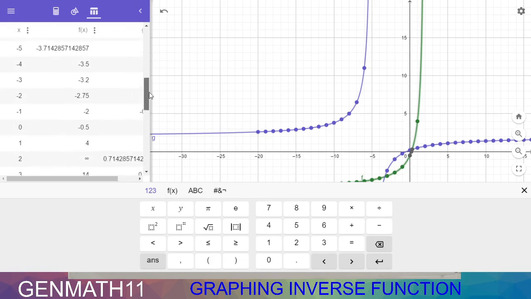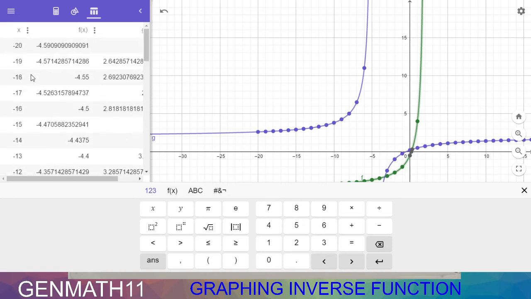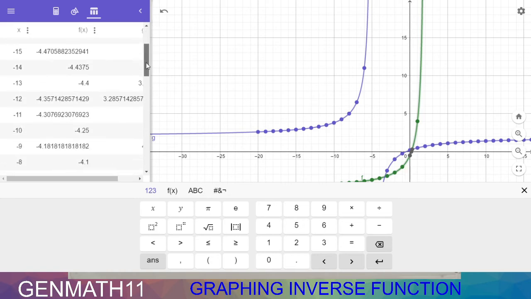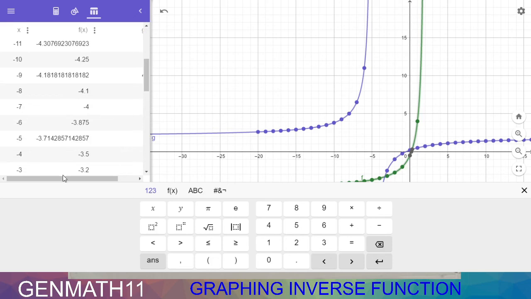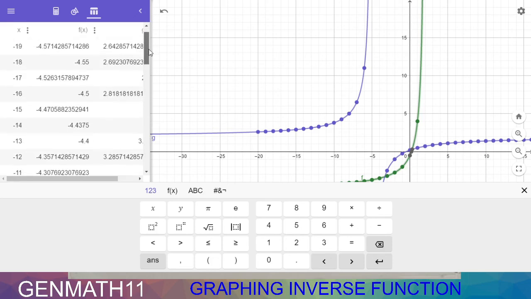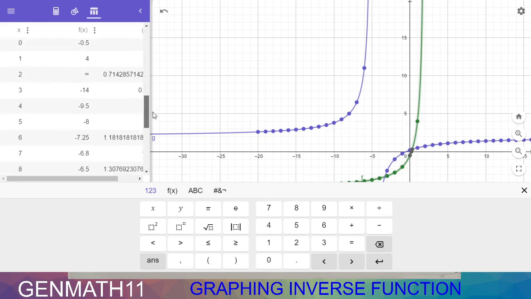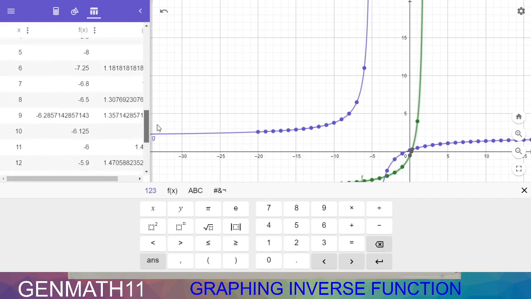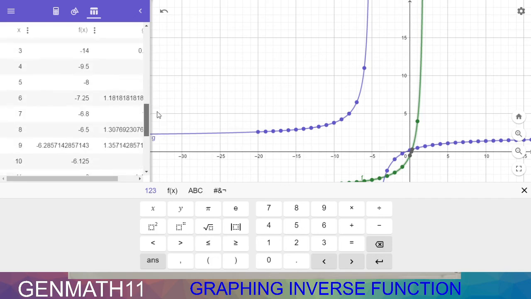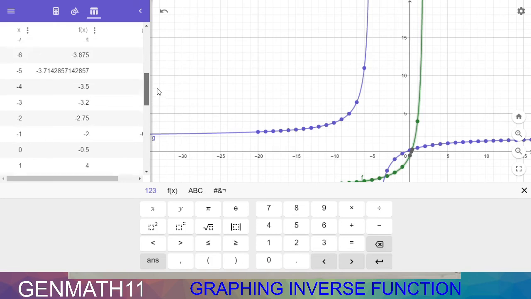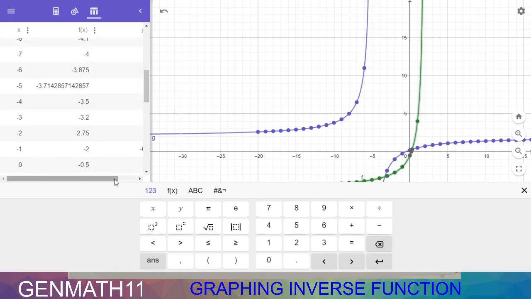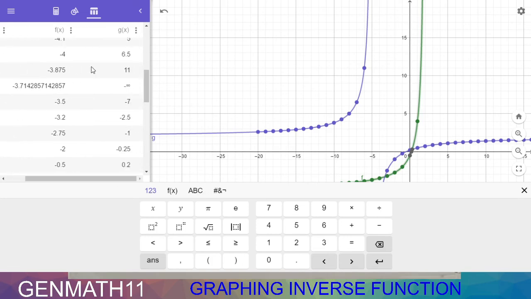Kung ang value natin ay negative 6, nasaan ba yung negative 6 dito? Kapag sa original function, negative 6 ba? 11 pala yan. 11 at saka negative 6 na. Yan. Okay.